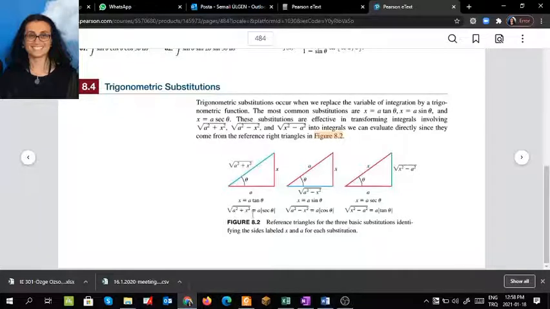So if you see in the integration square root of a squared plus x squared, then you are going to use x is equal to a tangent theta. If you see square root of a squared minus x squared, then you are going to use x is equal to a sine theta transformation. If you see in the integration square root of x squared minus a squared, you are going to use x is equal to a secant theta as the substitution.